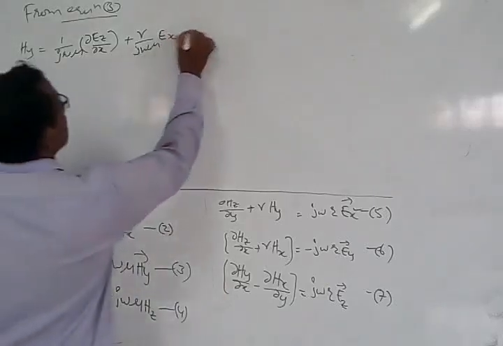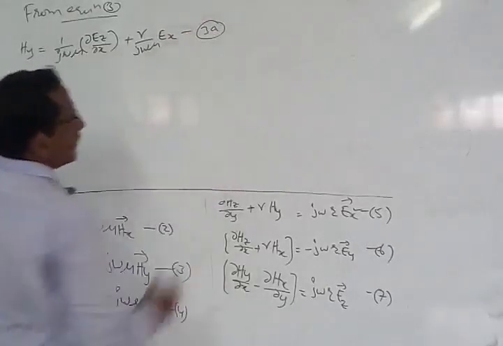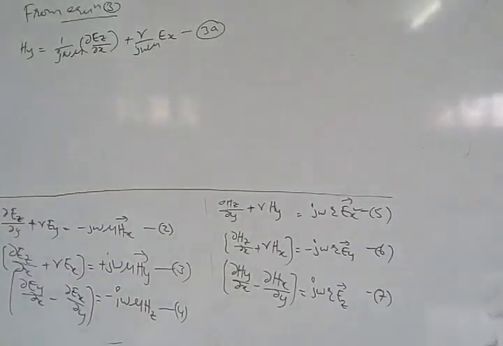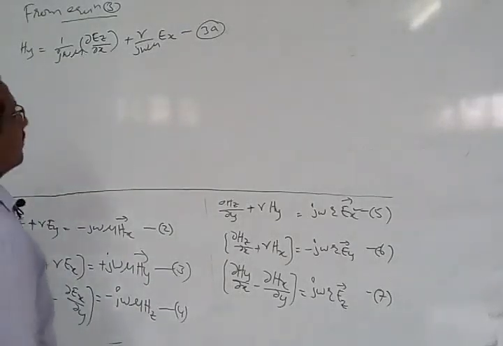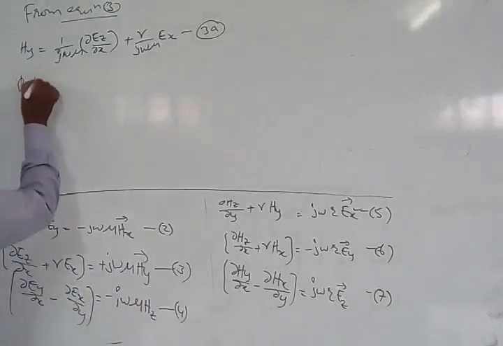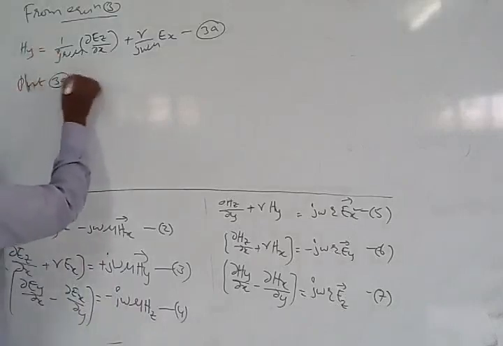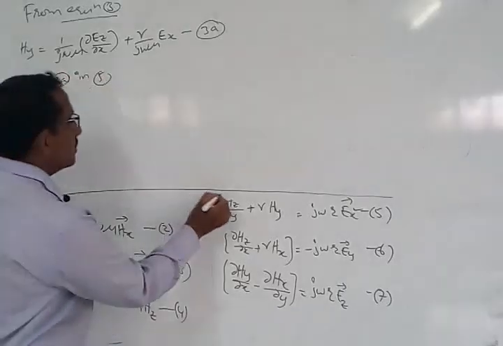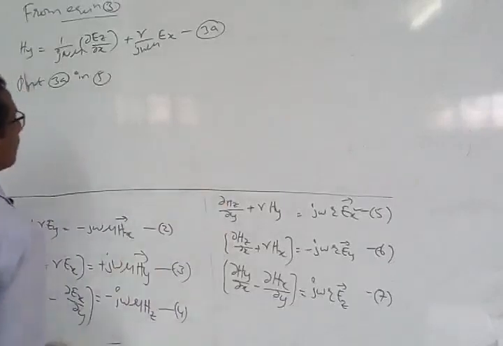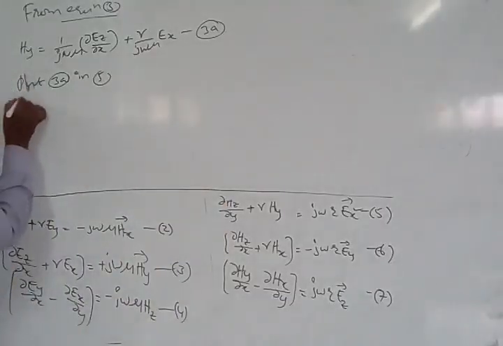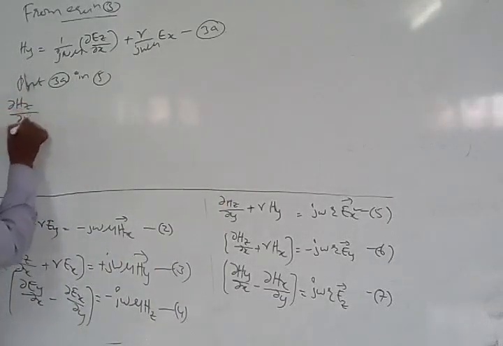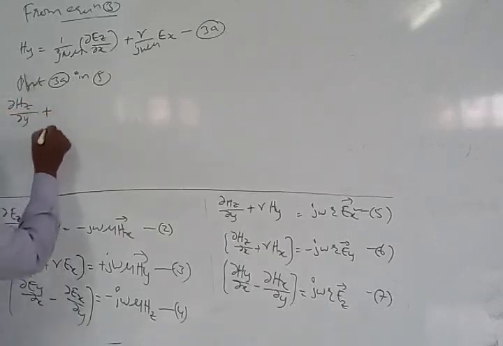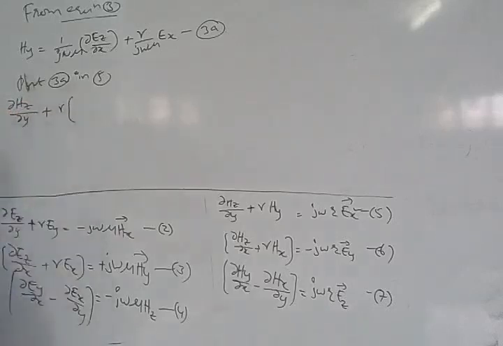Now I can call this equation number 3a. Now we put the 3a equation in 5. What is equation number 5? This is equation number 5: dou Hz by dou y plus gamma into Hy. Here is Hy.